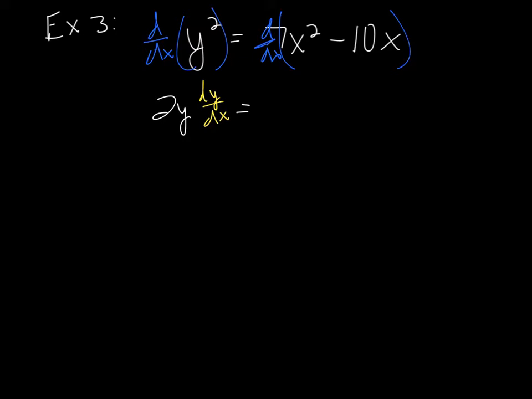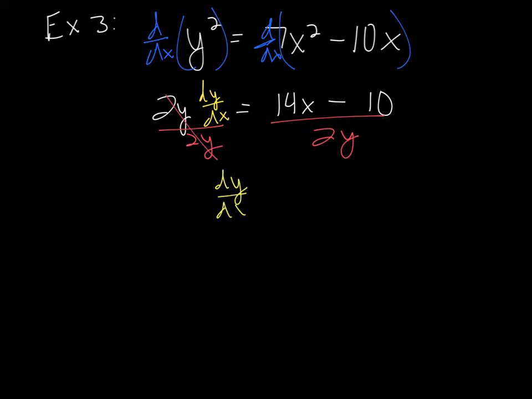I've got a power rule, so I've got 14x, and then I've got minus 10, no dy dx over there. So not too bad. To solve for my dy dx, I'm just going to do a simple divide by 2y on both sides, and I'm going to get dy dx is equal to 14x minus 10 over 2y.